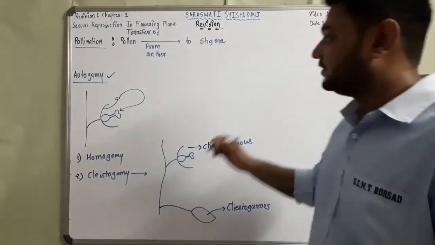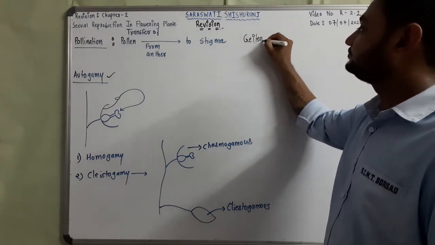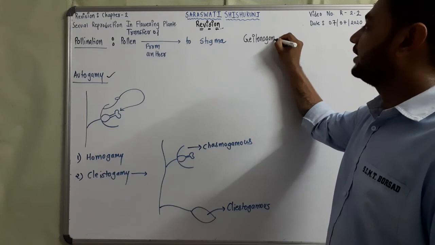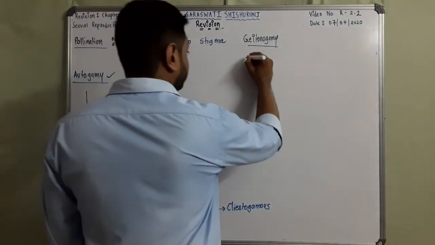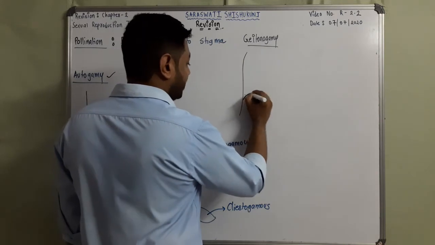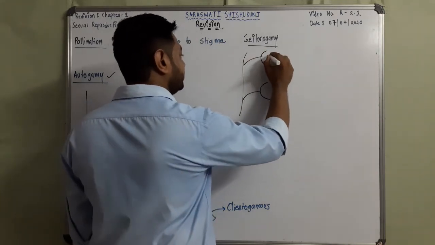Okay. Next one is geitonogamy. In geitonogamy, the plant is the same but the flowers are different.